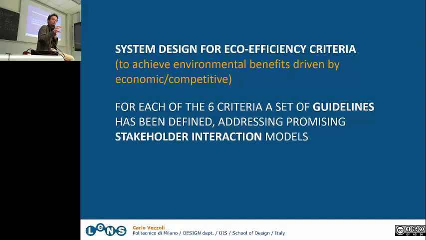But here I want to already highlight that for each of those criteria we have developed, over the course of several years, guidelines to help the designer through the design process. The point is that those guidelines are not on a product level, but on a stakeholder interaction level. We will see them.